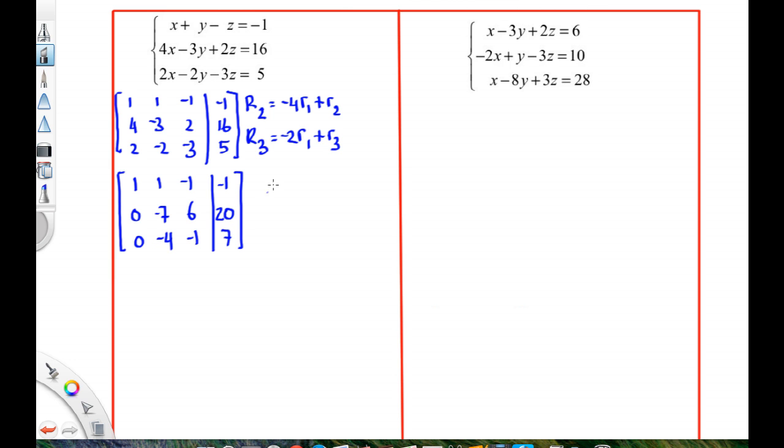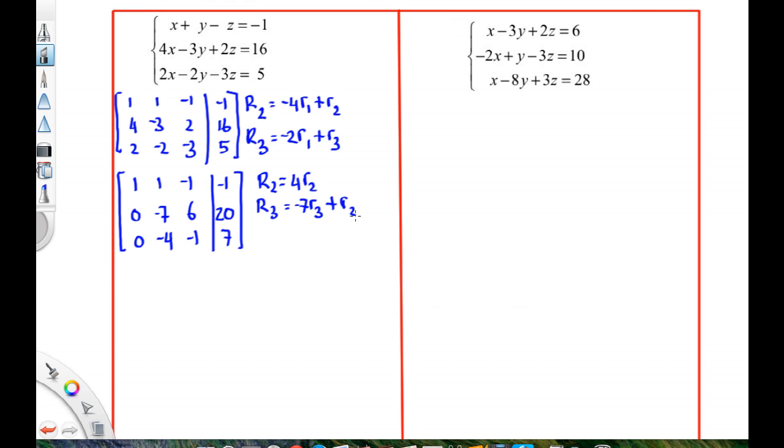So what I'm going to do is take R2 and multiply it by 4. And I'm going to take R3 and multiply it by a negative 7, and then I'm going to add that to the new R2.